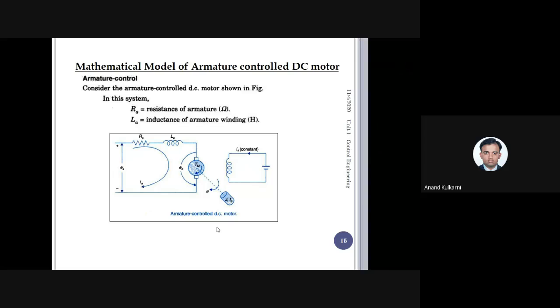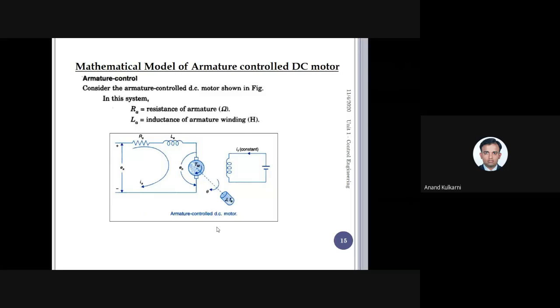So normally, permanent magnets are not suitable. The advantage is that they don't require any power source, but the disadvantage is they are expensive and bulky. So for any large motor, the field is generated by an electromagnet, not by a permanent magnet.